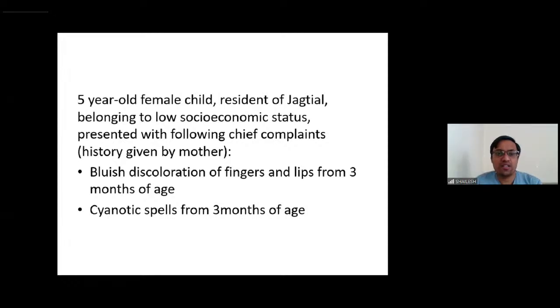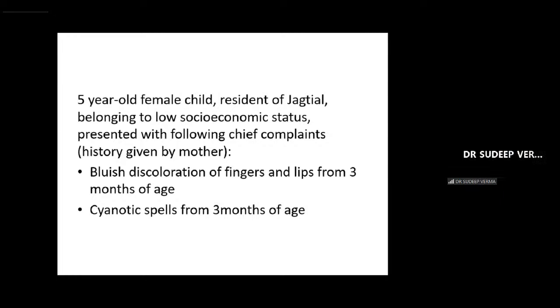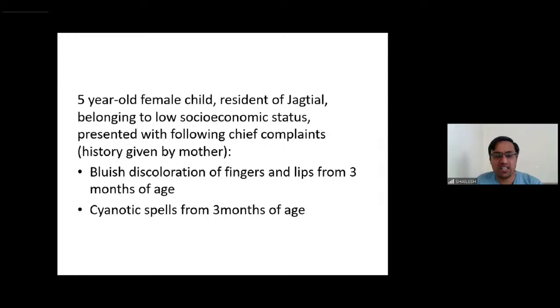Sir, mainly the beginning of cyanosis at around 3 months of age indicates that because of the growing infant, there are increased metabolic needs, sir. And associated, there is a fall in the levels of fetal hemoglobin, sir.